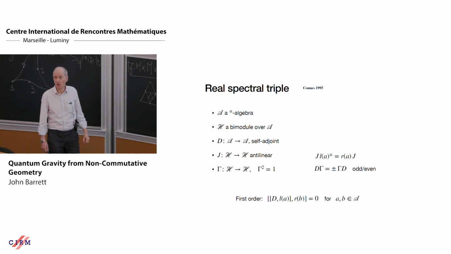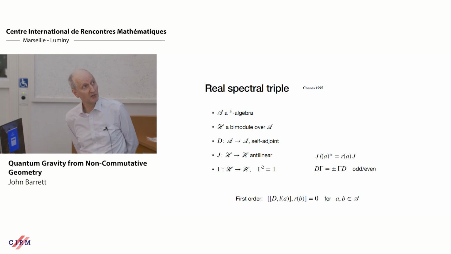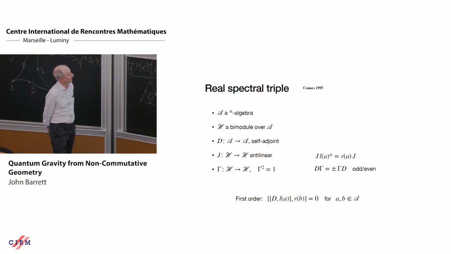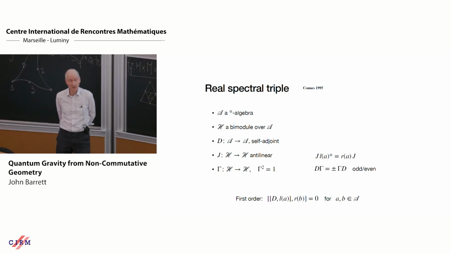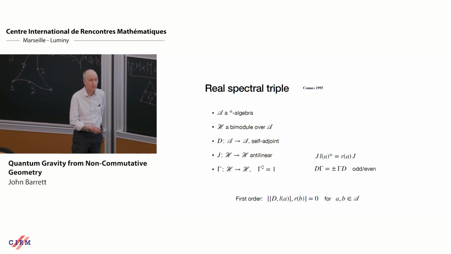So it's a self-adjoint operator on the Hilbert space, H. J is an antilinear map on the Hilbert space, and it has various properties, which I'll talk about in the next slide. But particularly, D is from H to H, that should say.